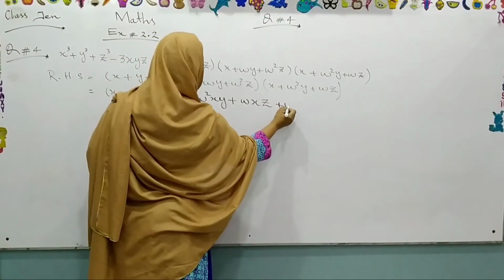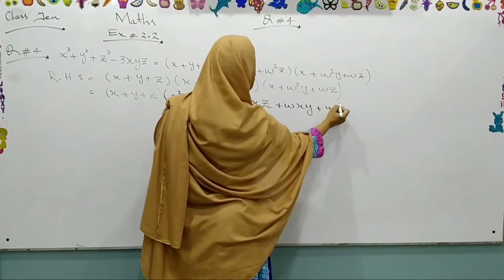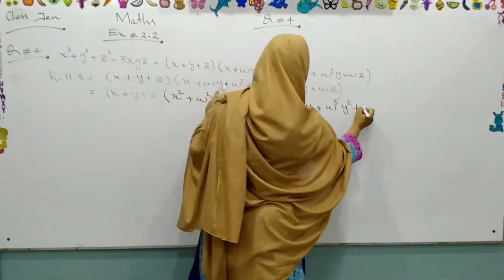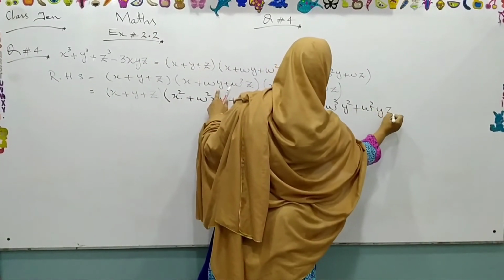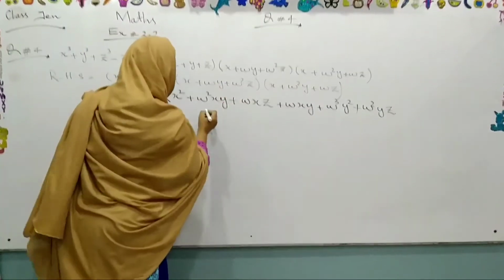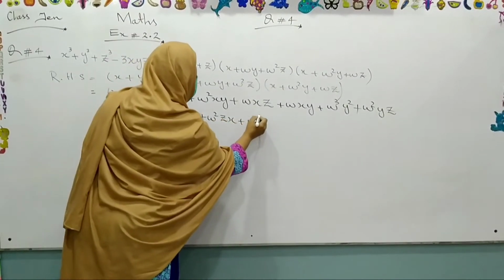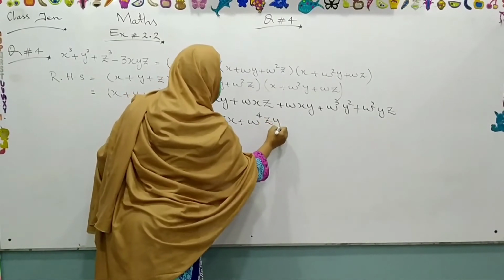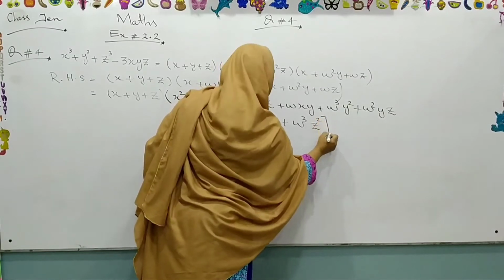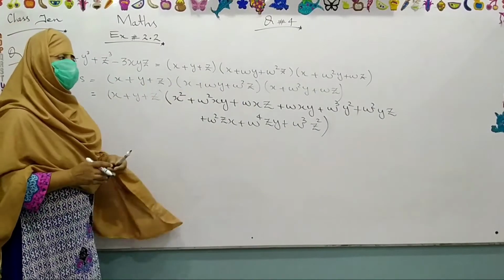It will become omega xy plus omega cube y square plus omega square yz. Now this plus omega square z, it will become omega square zx plus omega 4 zy plus omega cube z square. This one, I have multiplied the two factors.